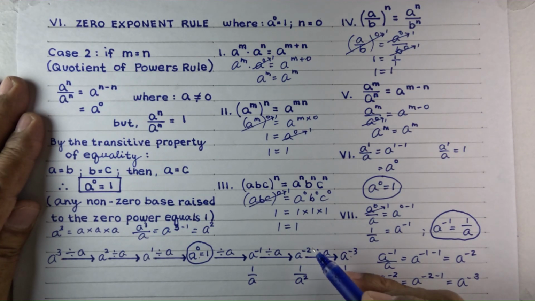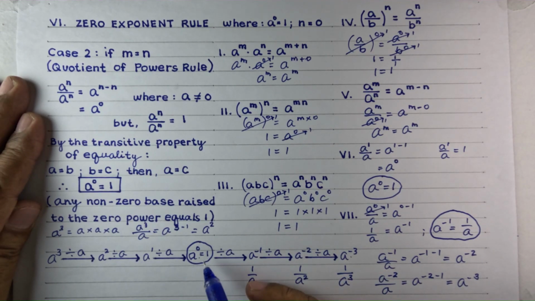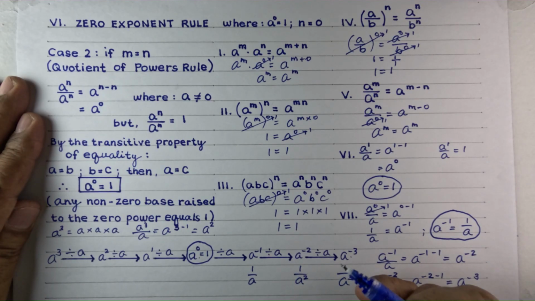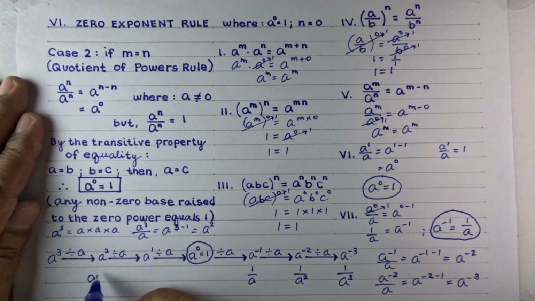So because of this, they were able to mix positive, 0 and negative exponents in a single expression. Like, for example, a squared times b to the 0 times c to the minus 4.